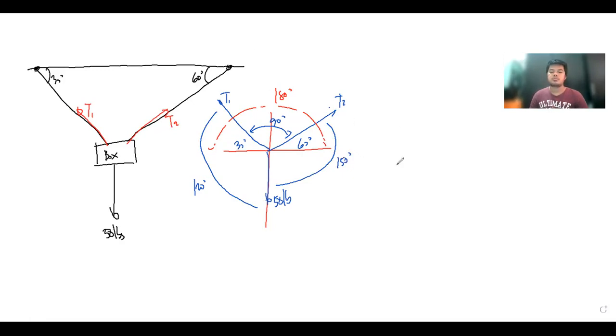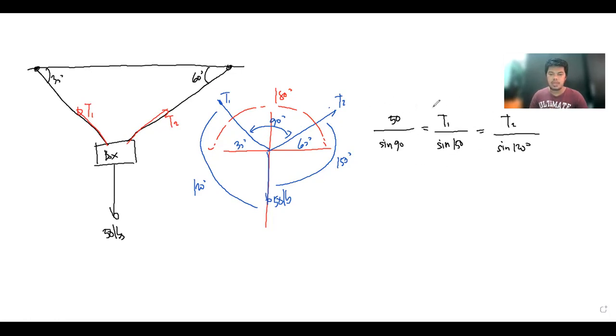We begin by writing Lami's theorem: 50 pounds divided by sine of 90 is equal to T1 over sine of 150, which is equal to T2 divided by sine of 120. We do not know which one experiences the biggest tension, so we'll solve individually.